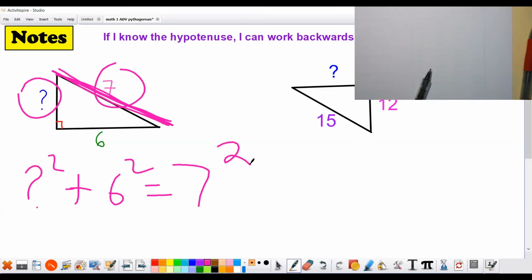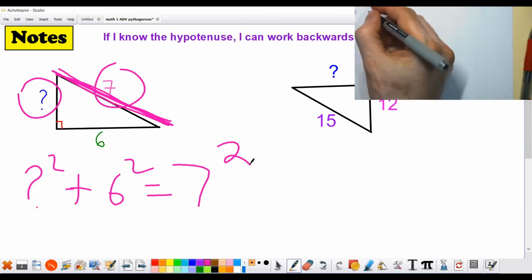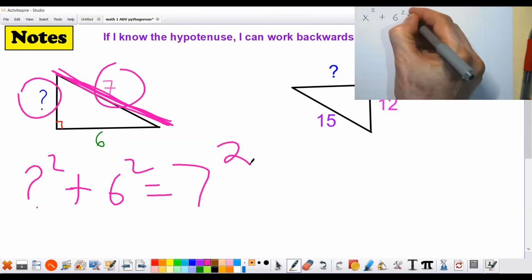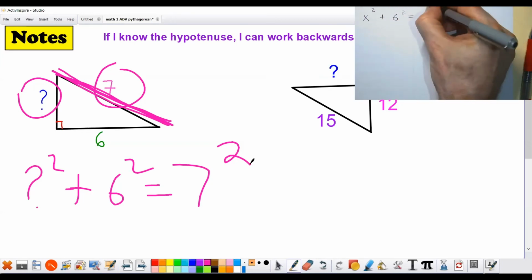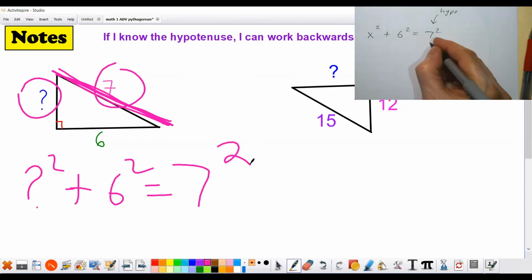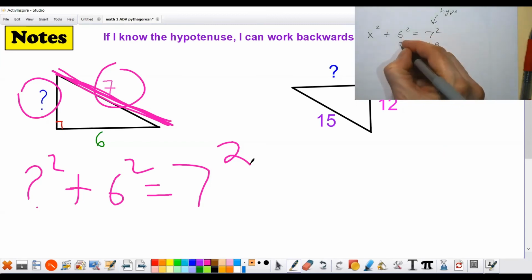That's the big answer. So instead of adding the squares, what we're going to do is subtract. I'm going to call it x as a mystery right now. Something squared plus 6 squared, and I have the final answer. This is the hypotenuse. All right, hypo for short. That's the hypotenuse. So what we just do is, instead of adding them, subtract them.